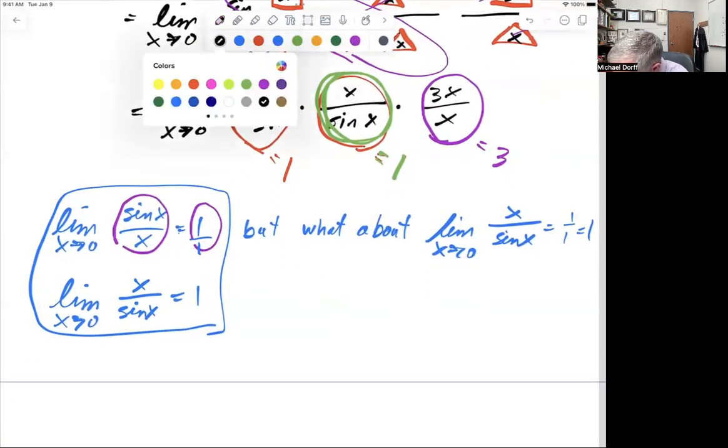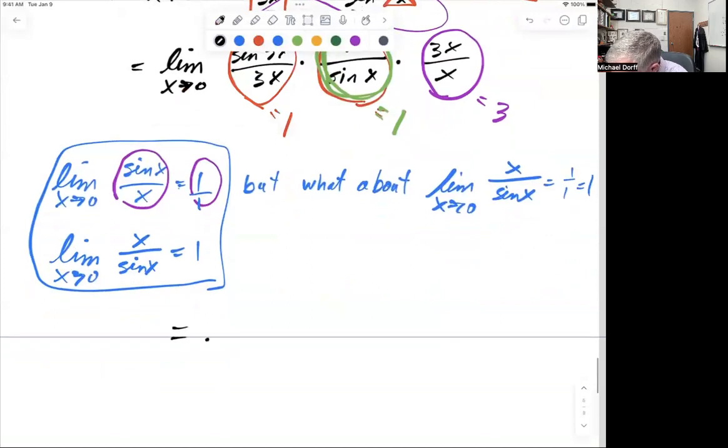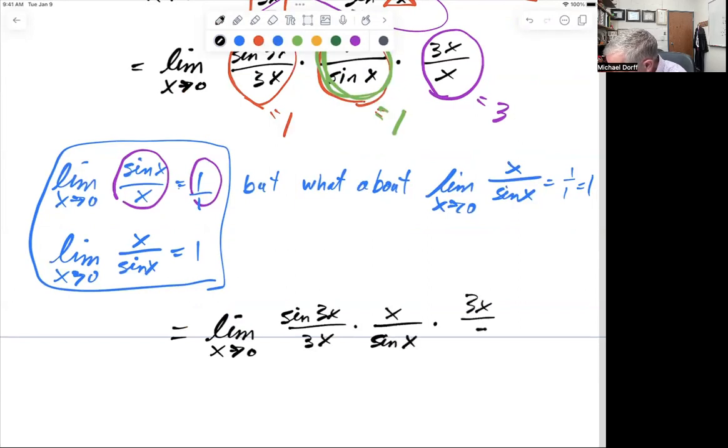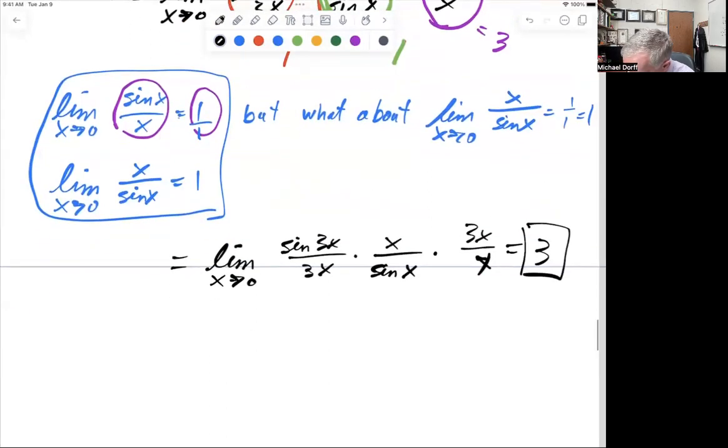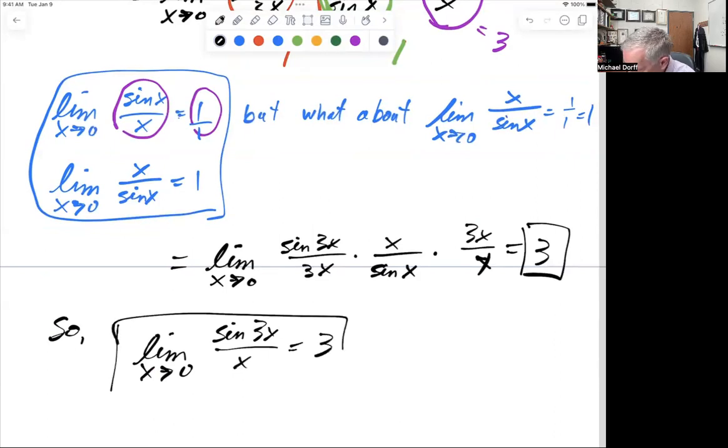So my final result is that the limit as x goes to 0 of sine of 3x over 3x times x over sine of x times 3x over x equals 3. In summary, my original problem, the limit as x goes to 0 of sine 3x over sine x, equals 3. That's the result I get.